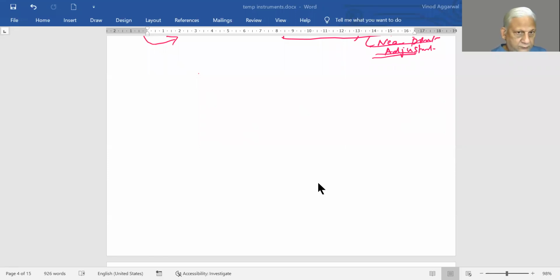We can also find magnification in terms of tube length. You know V by U is equal to, what is V?